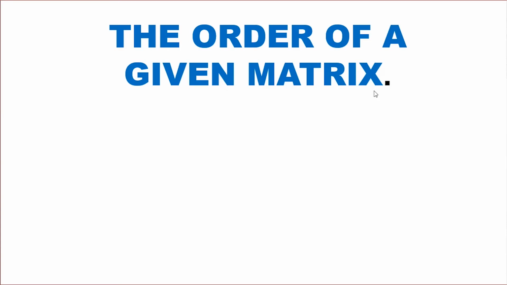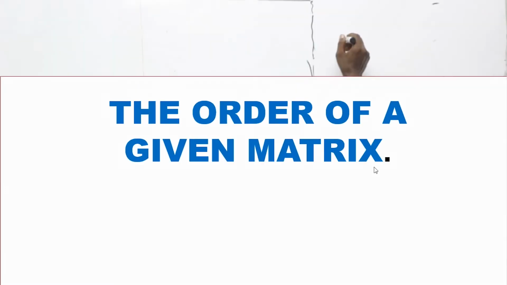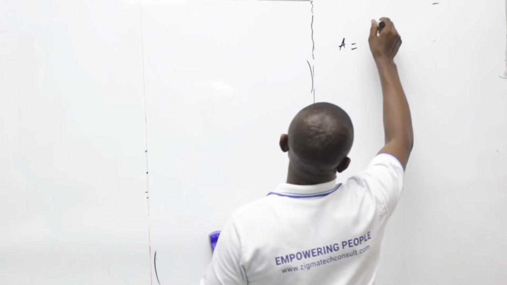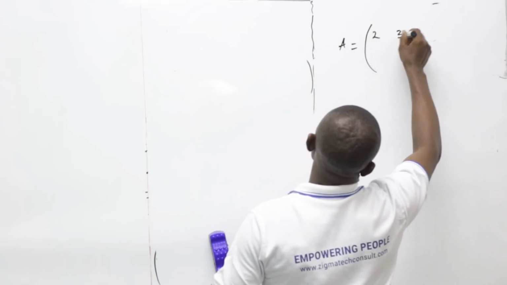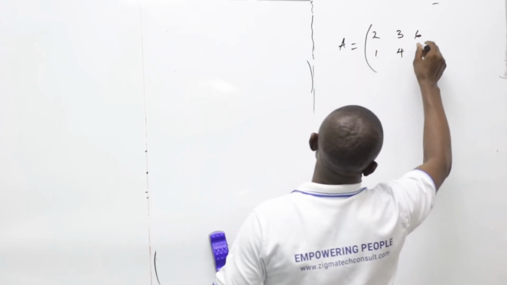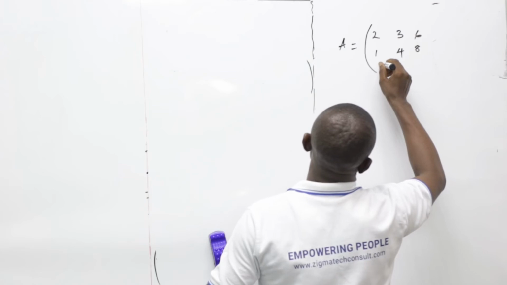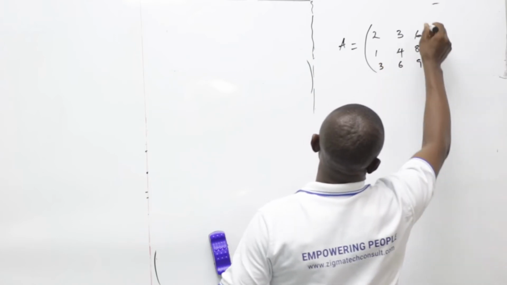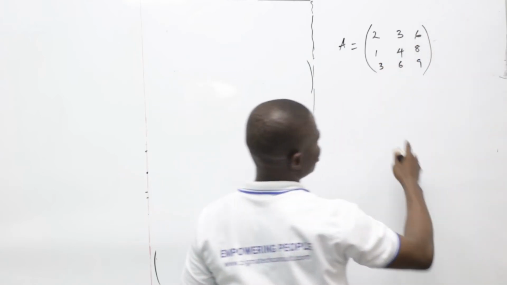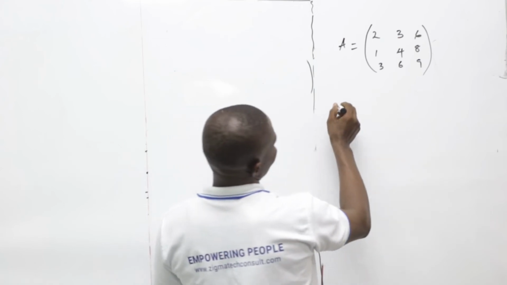Now let us take some questions from past questions using Examguide. But before that, let me give you one sample on the order of matrix. Let's say A equals 2, 3, 6, 1, 4, 8, 3, 6, 9. So what is the order of this matrix?